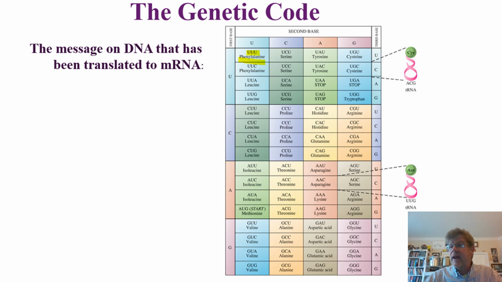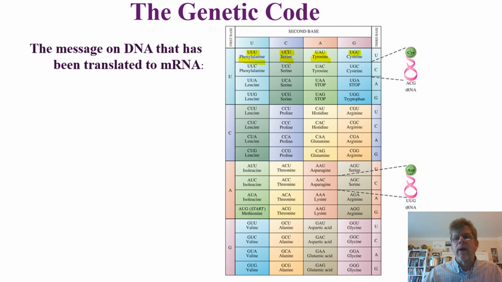On messenger RNA, UUU, those 3 nitrogenous bases, or those 3 nucleotides in a row, means phenylalanine. If we look one box over, UCU, that sequence, that codon on the messenger RNA codes for the amino acid serine. Moving one over, UAU, that codes for tyrosine.